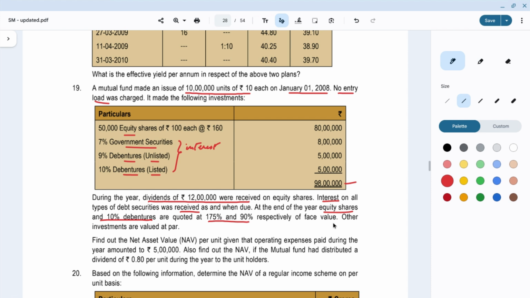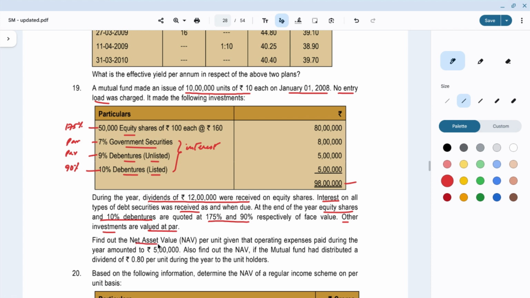The face value is 100 each in this case. Other investments are valued at par. So this is valued at 90%, this is valued at 175%, and these two at par.